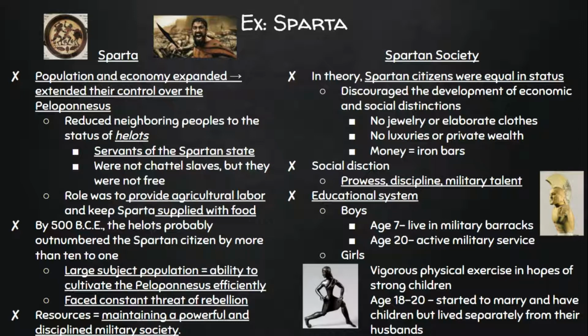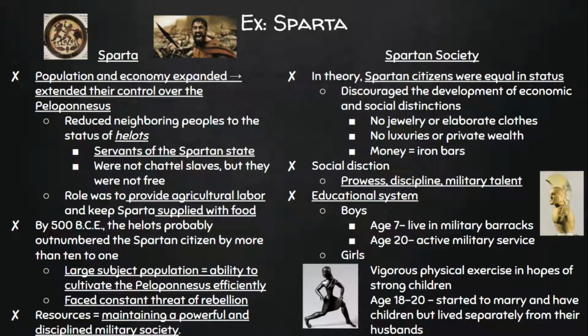The girls, on the other hand, did receive some form of education, where they specifically had a very rigorous physical education in hopes of creating strong children. So women were expected to be very fit, lean, and active.